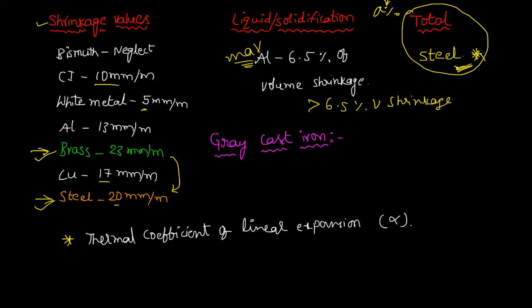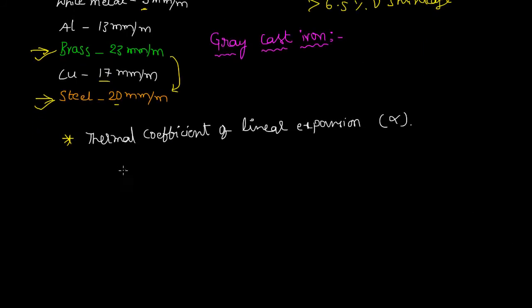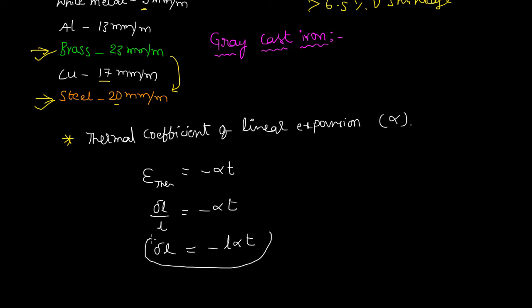From the thermal stresses and strains concept from mechanics of solids, the thermal strain is equal to minus alpha times change in temperature, right? Strain means change in length over total length. That means minus alpha times t. So what is the change in length? Minus L alpha t. So this is the shrinkage value we get, mm per meter, right?